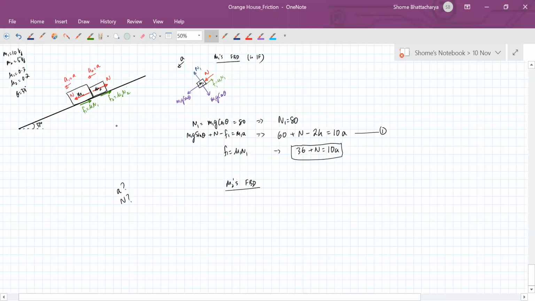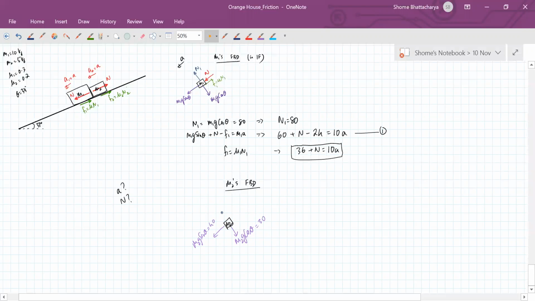So look, on the upper block M2, the weight components are going to be, this one 30 newtons and this one 40 newtons, because its mass is 5 kg.